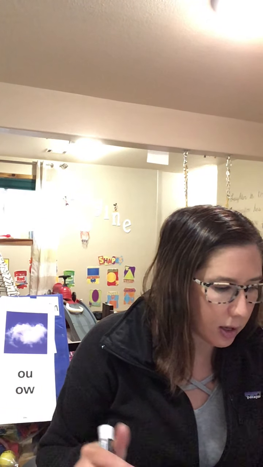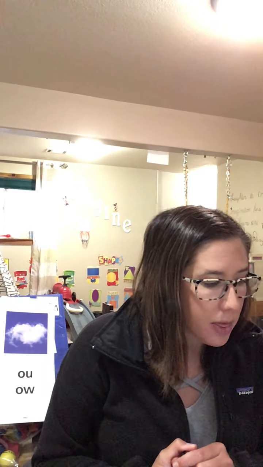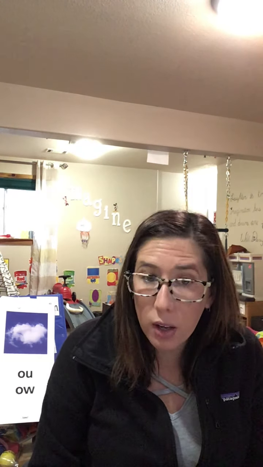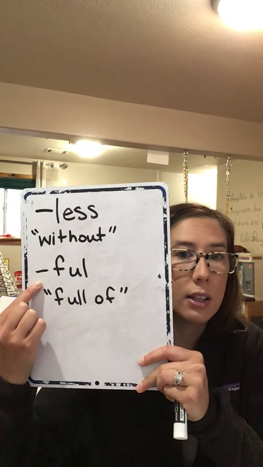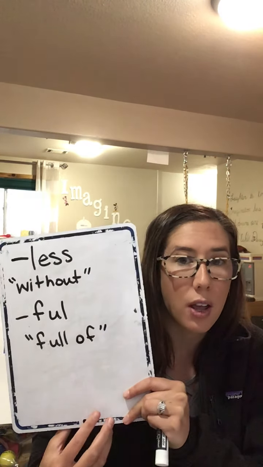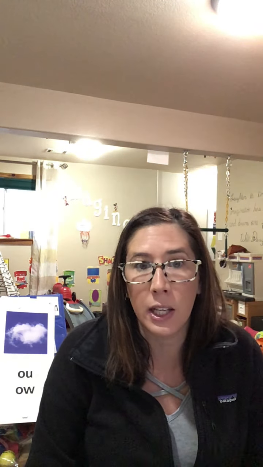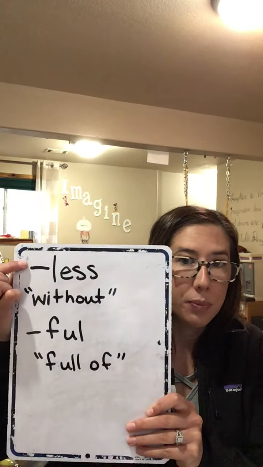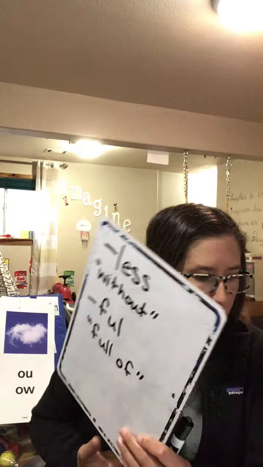Now here, I'm going to read this sentence. The happy children sing a joyful song. Joyful. If it's full, joyful, the kids sing a joyful song, it is full of joy. Everyone was sad, so the party was joyless. The party was without joy. Okay?